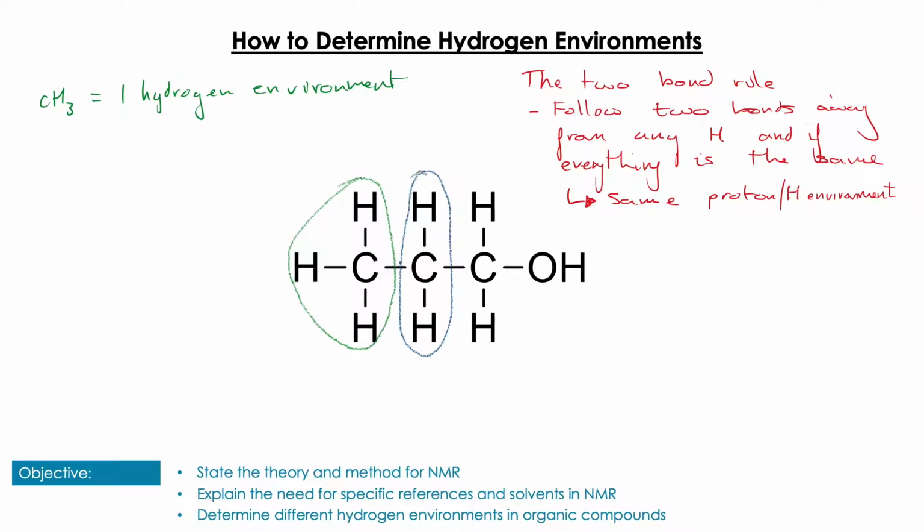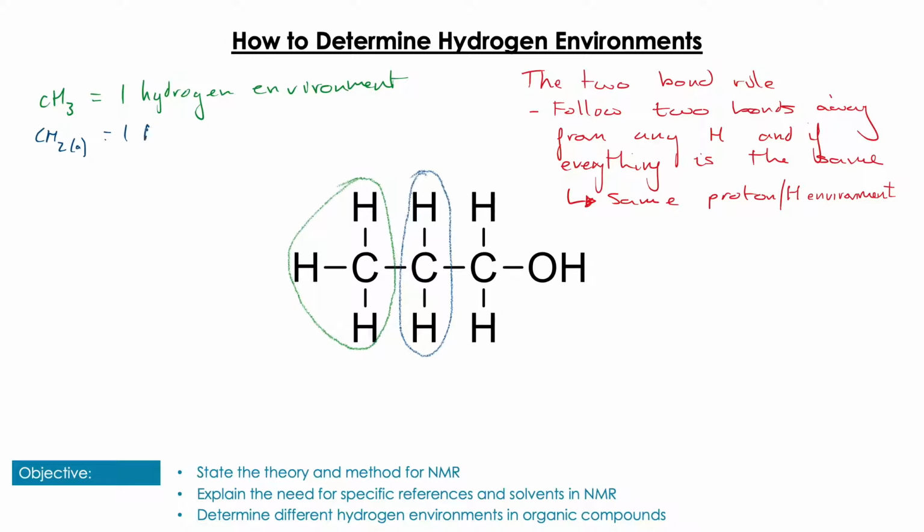So we might quickly say, well, that must mean the CH2 group next to it is also the same. However, if we follow the 2-bond rule with the hydrogens on the carbon next to it, we realize there is an oxygen atom here, and that is different, and therefore the CH2 group nearest the alcohol group is going to be its own separate hydrogen environment.